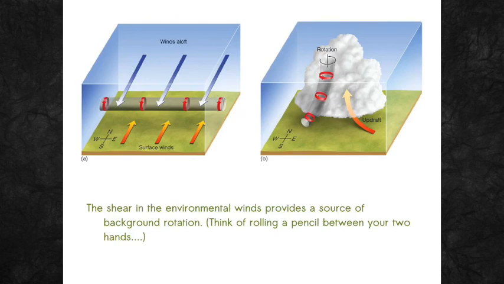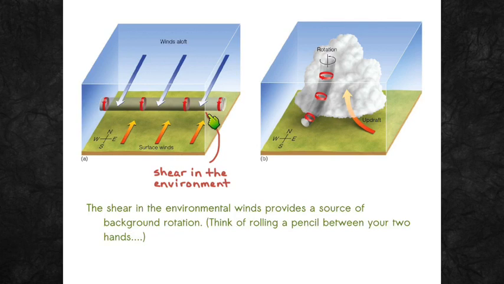Over here on the left-hand side, we've got a schematic showing an environment in which the winds are blowing from the south. We've got southerly winds down near the ground, and then higher aloft we've got northerly winds. So that's our environmental wind shear, that change in the winds with height.